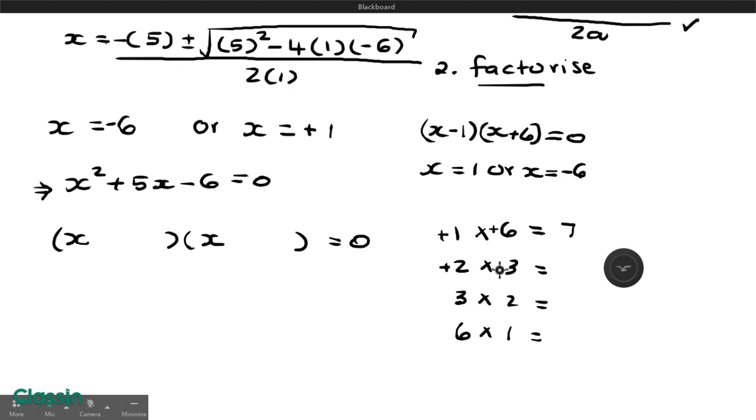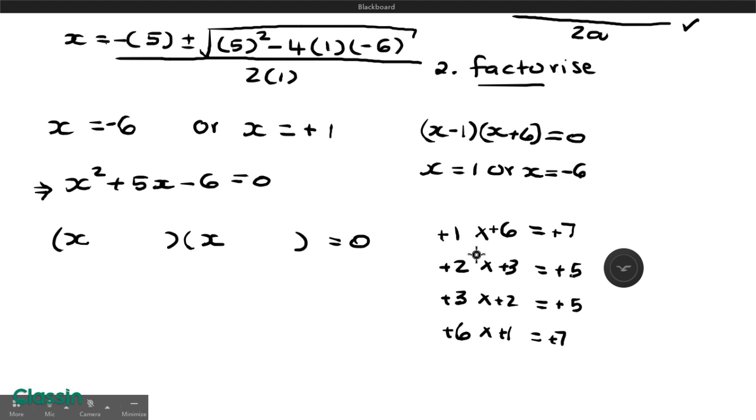So plus 2 plus 3 is plus 5. Then plus 3 plus 2 is also plus 5. Plus 6 plus 1 is going to be plus 5.